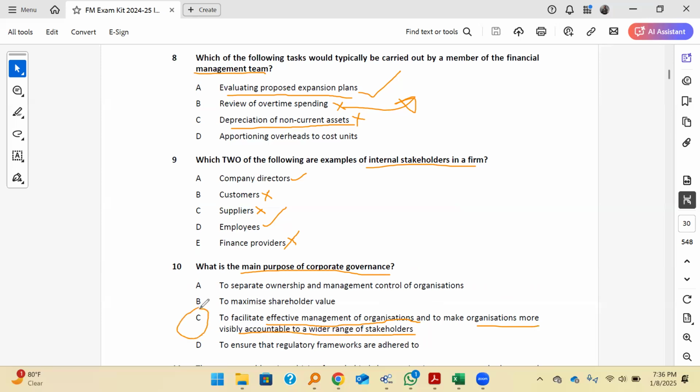But if we look at the others, for example, to separate ownership and management control of organizations.